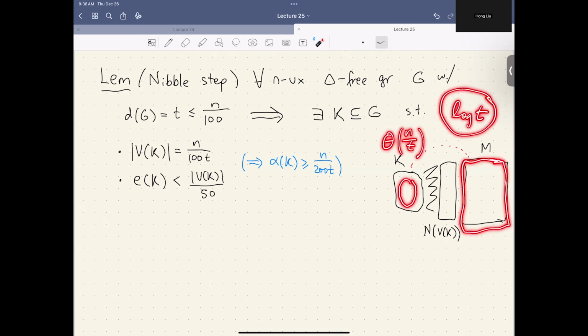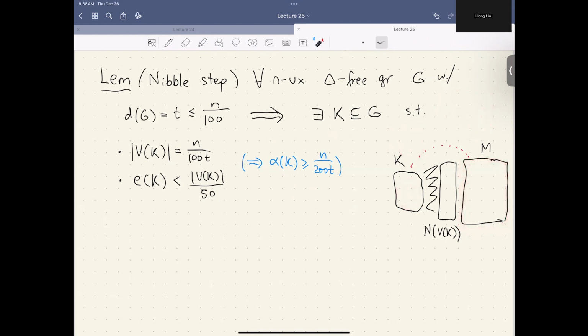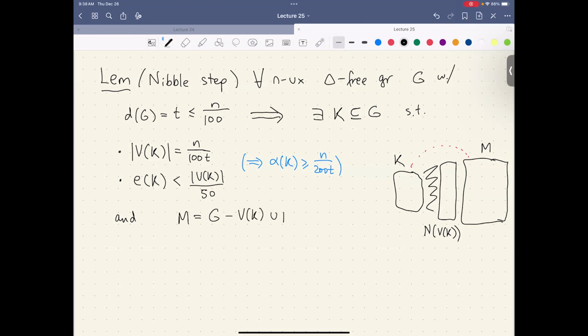Last time we saw how we get the final result from the nibble step. So here's the statement. The property for K, and M equals G with K removed, and also with its neighborhood removed, satisfies: it has at least n over 2 vertices, the remaining graph.